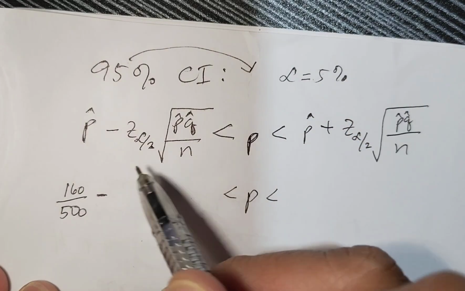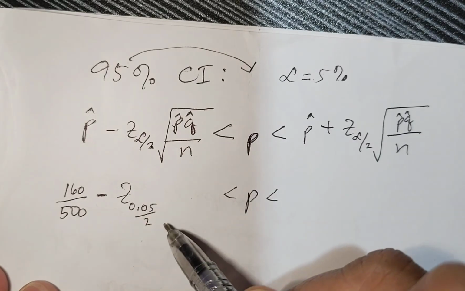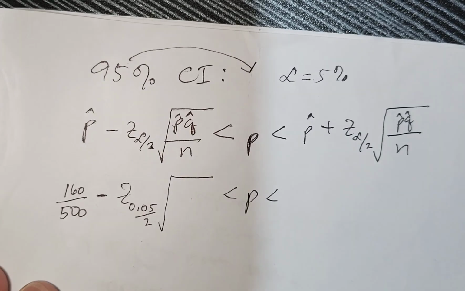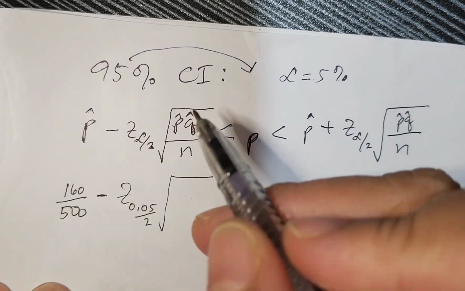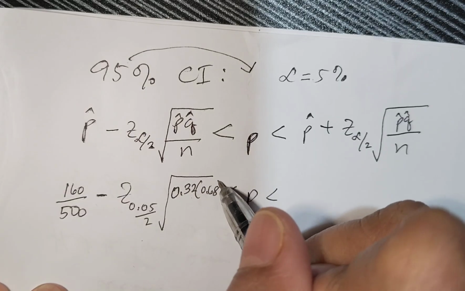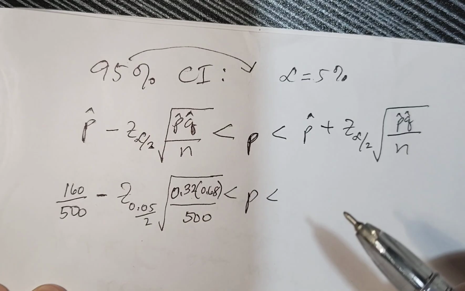So we need the Z at 0.05 over 2, and our standard error, which is P hat, 0.32 times 0.68, over 500.